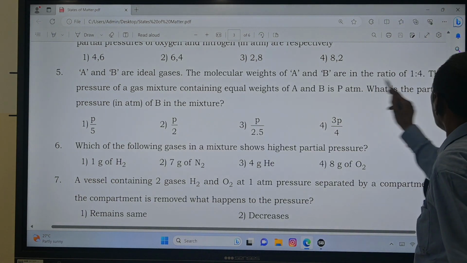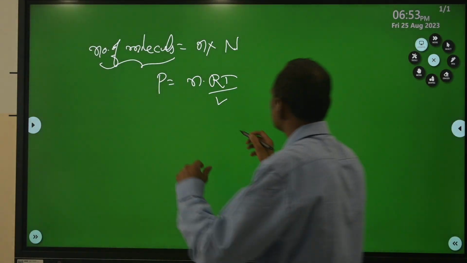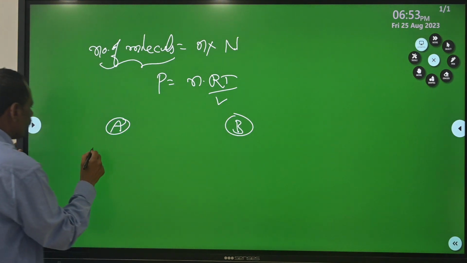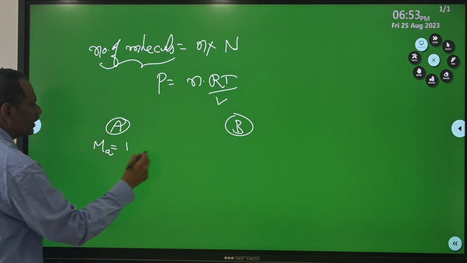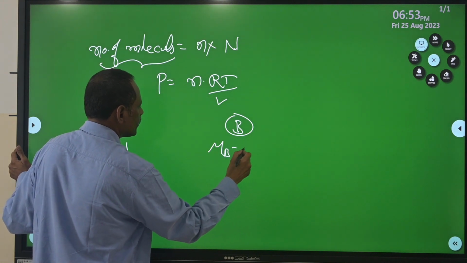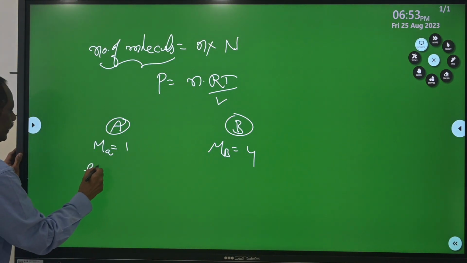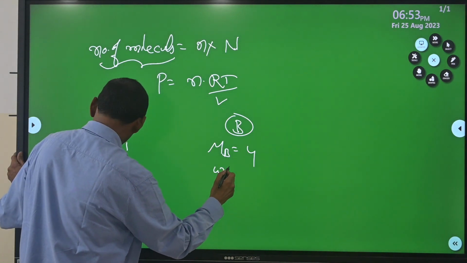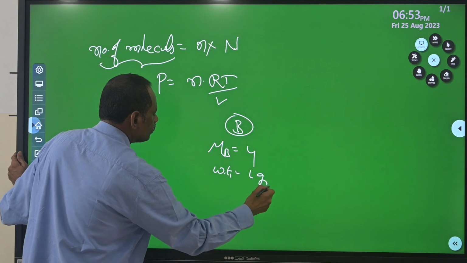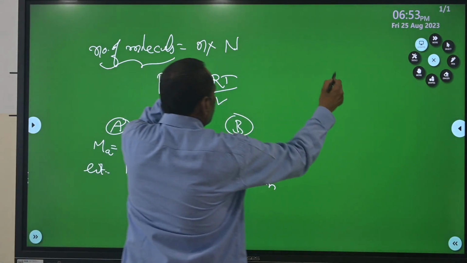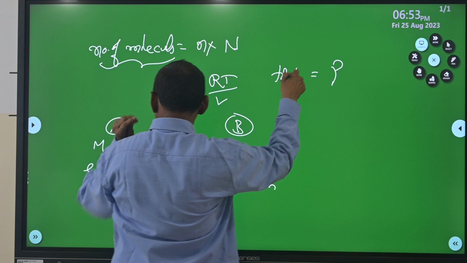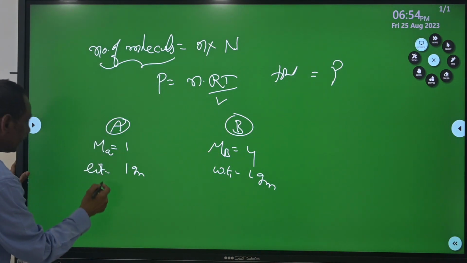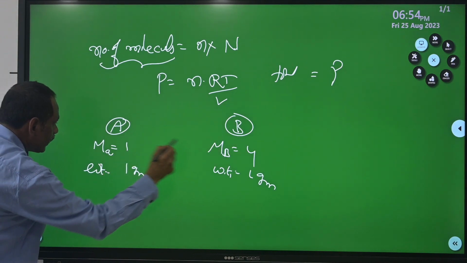A and B, the molecular weight ratio is 1:4. The molecular weight of A is 1 and the molecular weight of B is 4. Equal weights are taken. Let us take 1 gram each. The total pressure is P. Now, the partial pressure of A or the partial pressure of B. Here, the molecular weight ratio is 1:4.